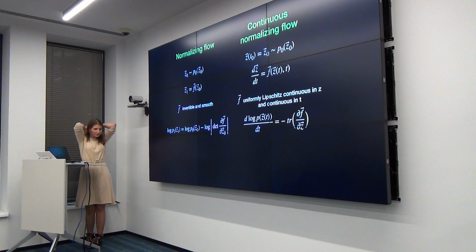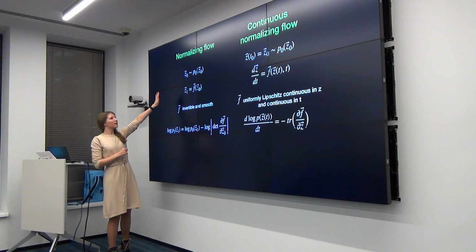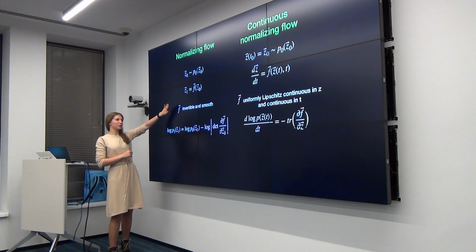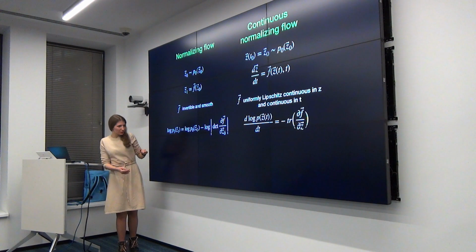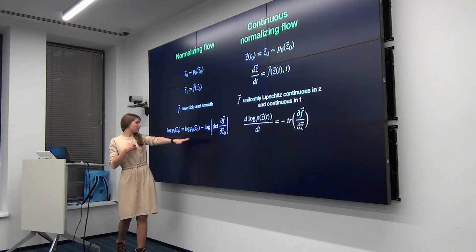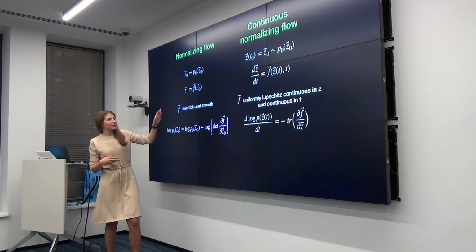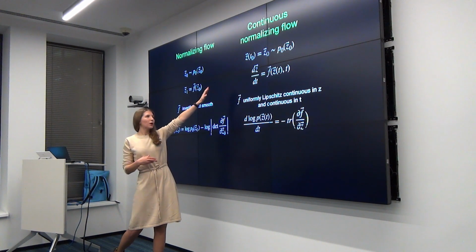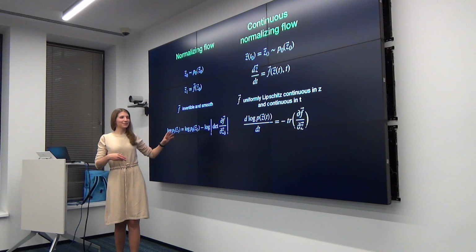Let's compare these two approaches. In normalizing flow, we have f, which is an invertible and smooth transformation, and we have the following equation for the change in the density, which consists of the determinant as the main part. And for continuous normalizing flow, f should be uniformly Lipschitz continuous in z and continuous in t.